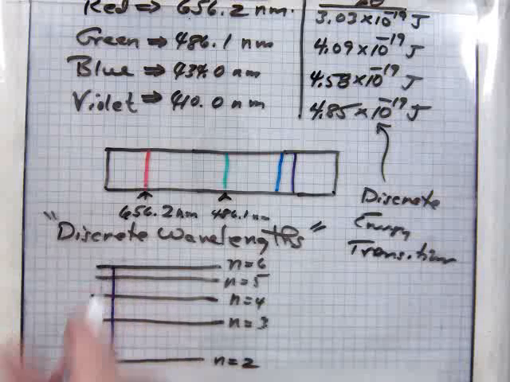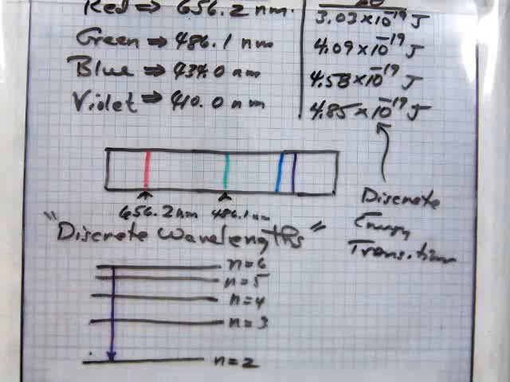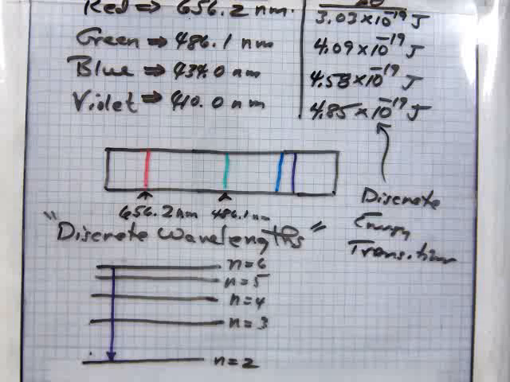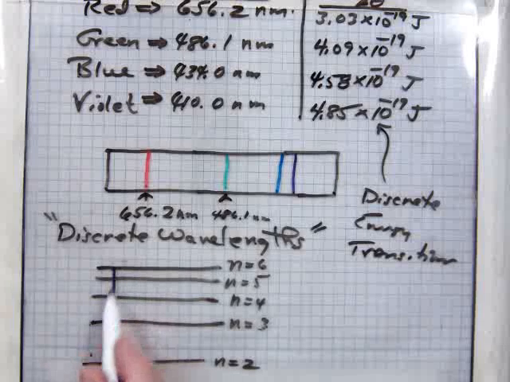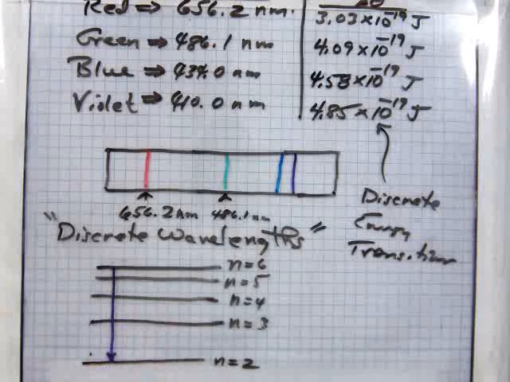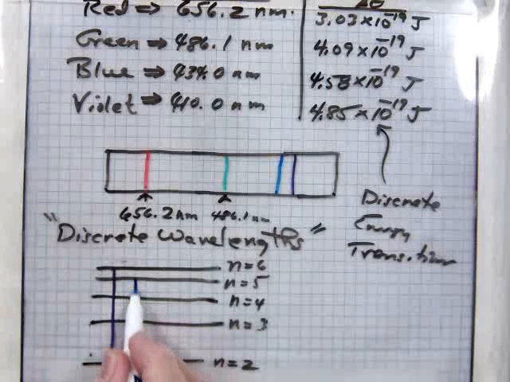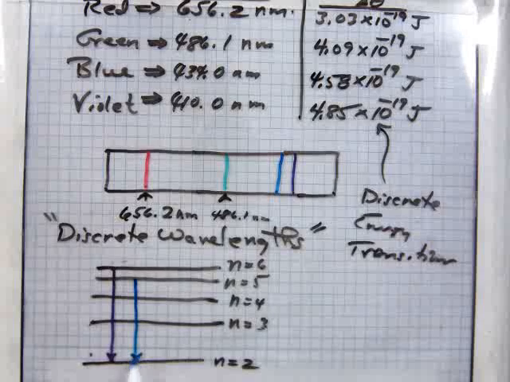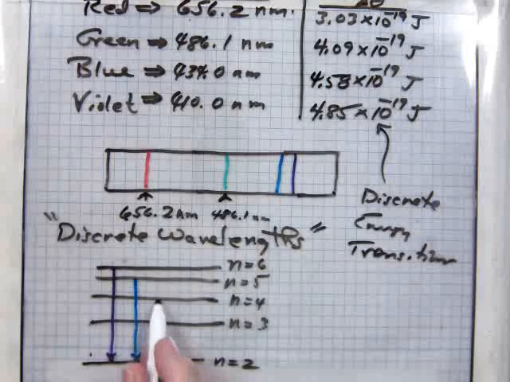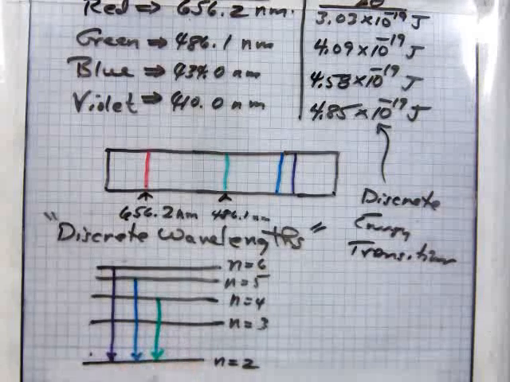It starts on the n equals 6 level and goes all the way to the n equals 2 level, and does not stop anywhere between. And that's true for the blue line, the green line, and the red line transition.